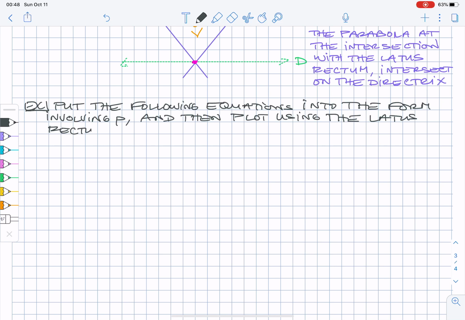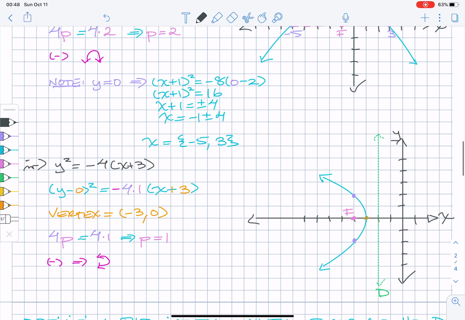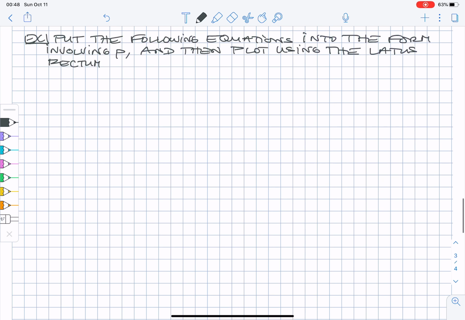So we're going to use the latus rectum in order to find the two other points that I was clumsily finding above. Okay, so number one.